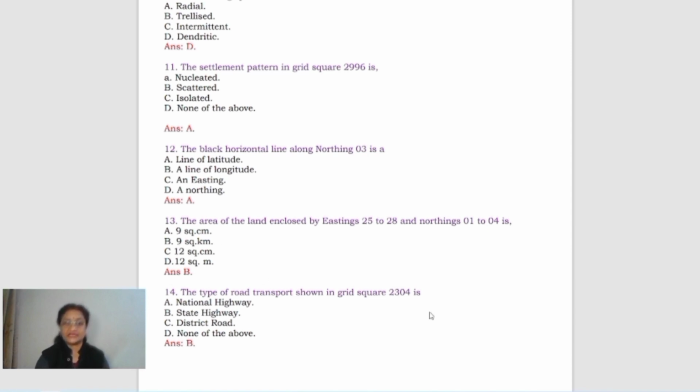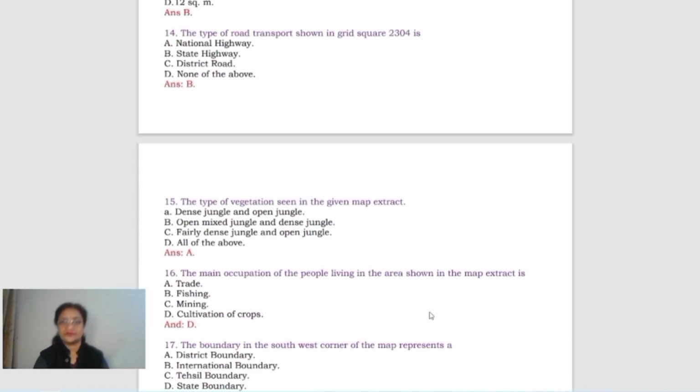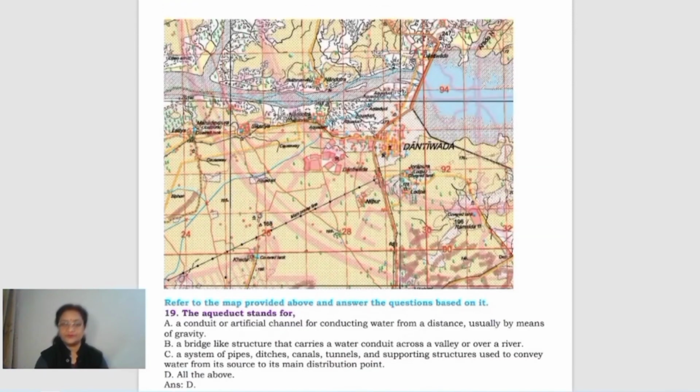Next question, the type of road transport shown in grid square 2304 is the state highway. You can have a check also side by side. 2304. Now 2304, if you see in this topo sheet, this is 24, so it has to be this side only, and 04.